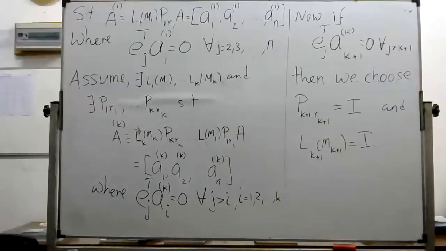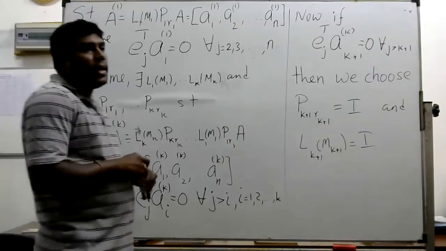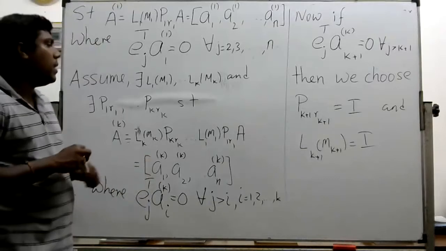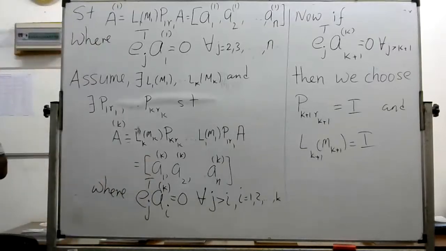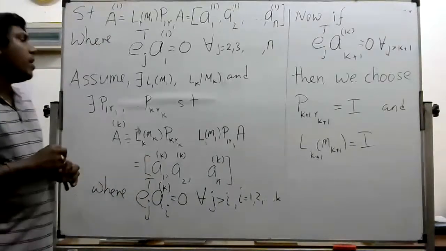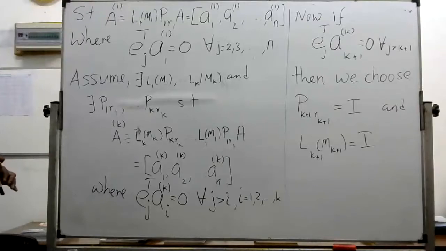So basically you don't need to interchange any rows, or do any elimination. So in that case we choose the elementary permutation matrix and the elementary lower triangular matrix as identity matrices.